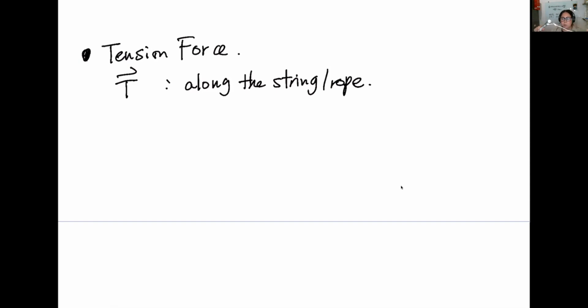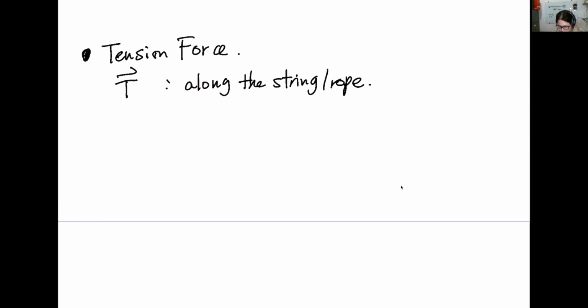So the tension force is the force that applies in the rope, along the rope, or the string or the cable. That's called the tension force. And of course, it's a contact force. So this happens along the rope.